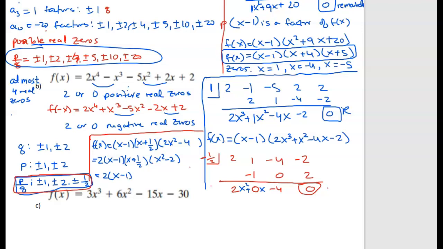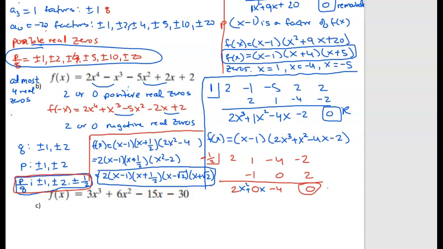We have x minus 1, x plus 1/2. And this is not a perfect square, but we can say it's x minus square root of 2 and x plus square root of 2. Right? So even though those are not rational roots, we can still factor it using our methods. Right? So this is the factored form of the function.